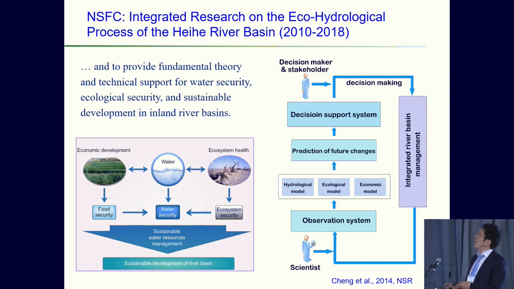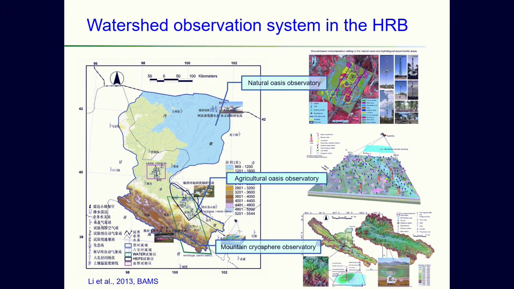You can see our idea is here. We need to develop rich information in terms of an observation system to support this kind of work. We also need to develop the integrated hydrology, ecosystem, and economic model to support all this kind of decision making.